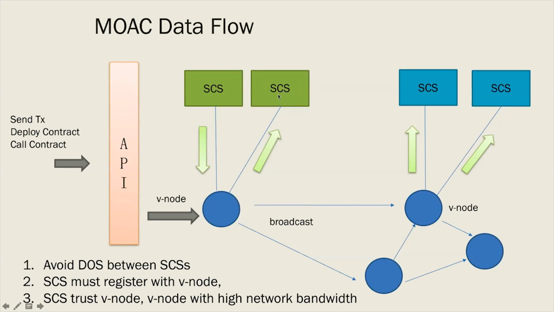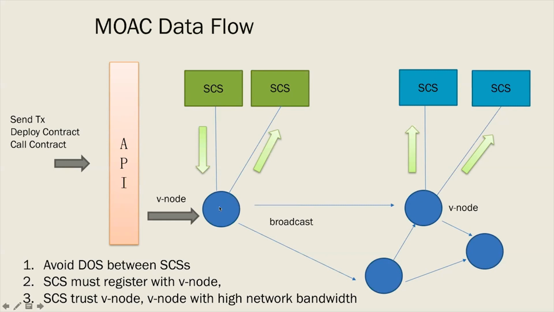Then when SCS receives this information, it will do the consensus of the microchain, which it may contain or not, then send the information back. The vNode will broadcast the information it received from SCS to all the other vNodes. So basically, the SCS must register with the vNode and it has to trust the vNode.